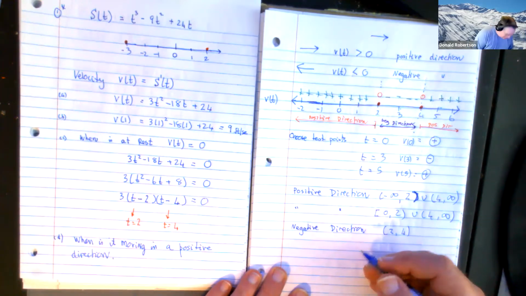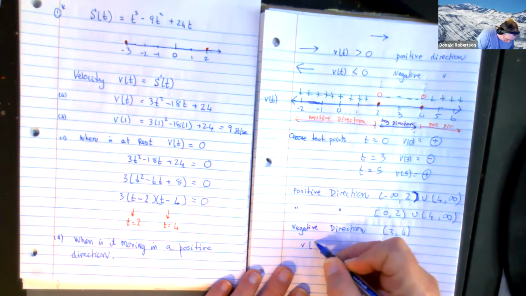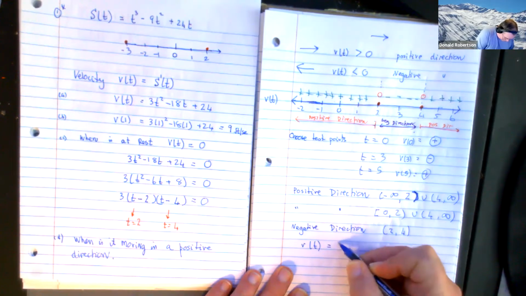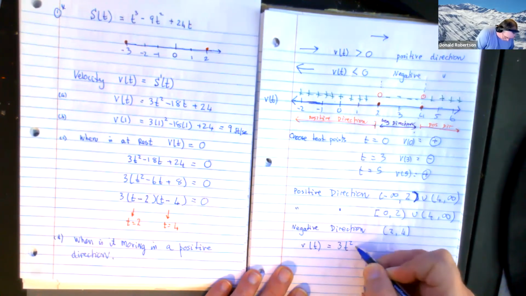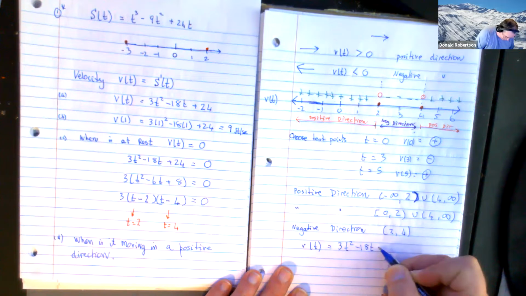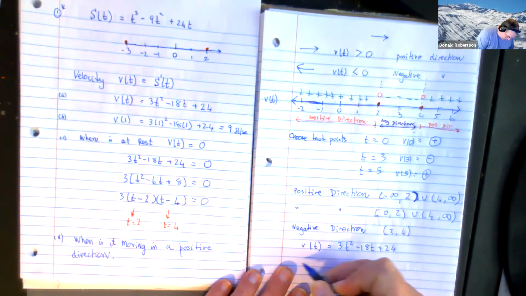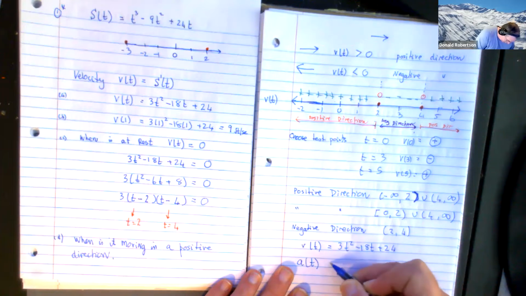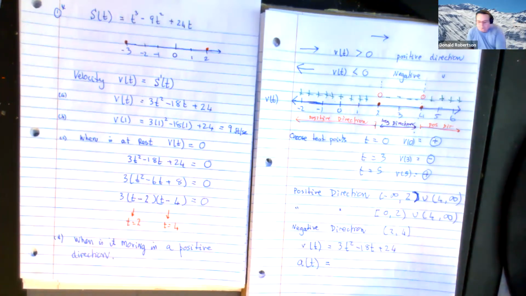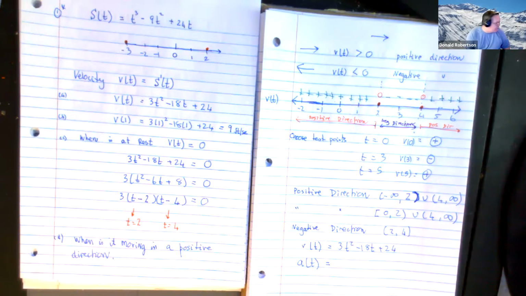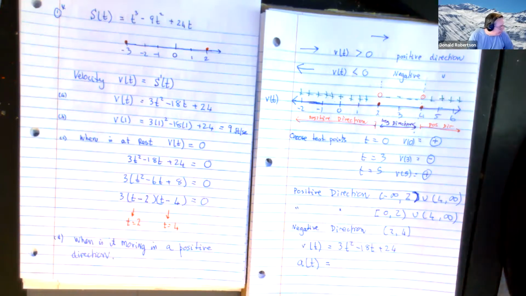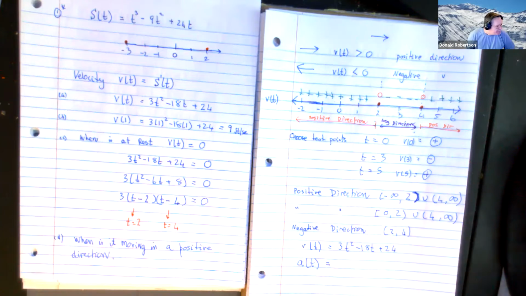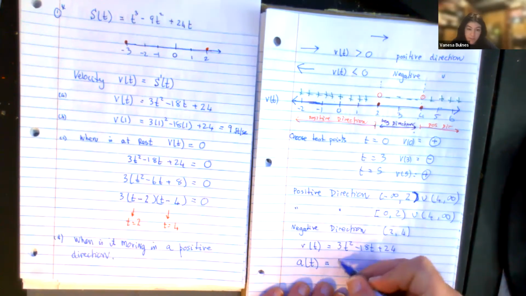Right, moving on then. We've just found a few minutes ago the velocity. Here's an easy question for you. How do you get the acceleration of this moving object at given time t? The derivative of velocity.